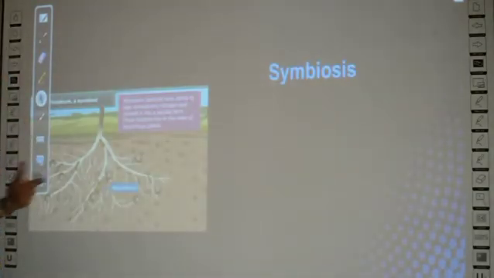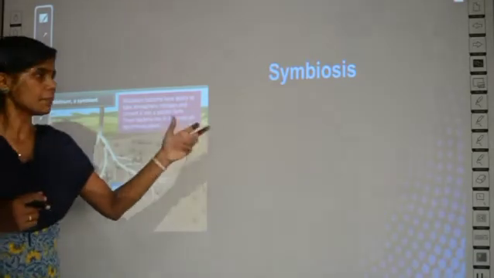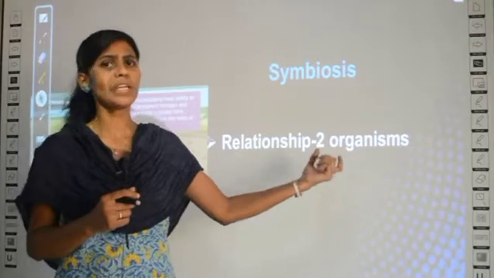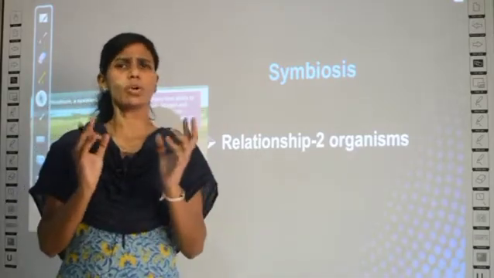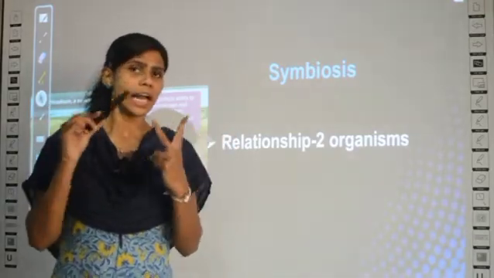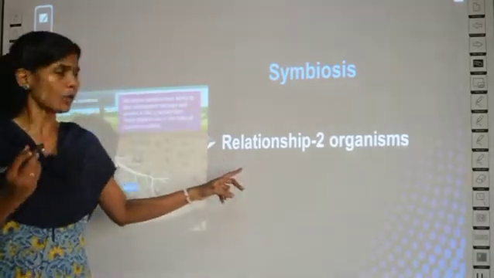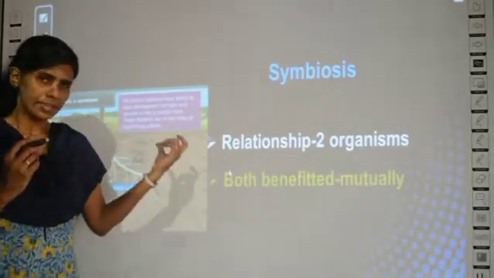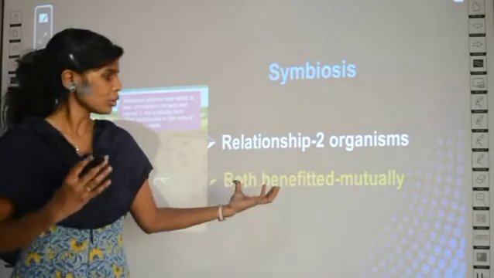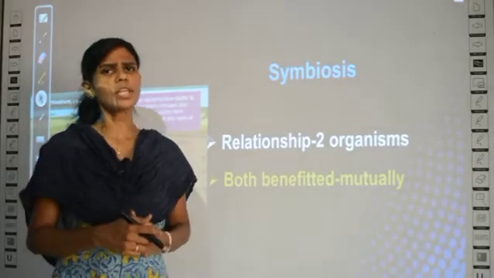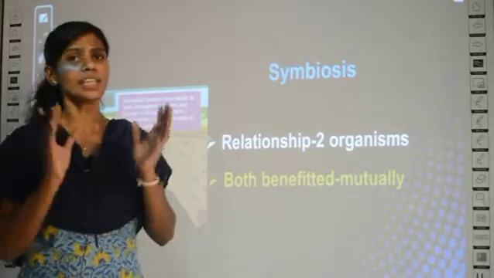We'll start with the first relationship called symbiosis. What is symbiosis? It is a relationship between 2 organisms. In this relationship, both of them are mutually benefited. What is mutual? Mutual means equally.